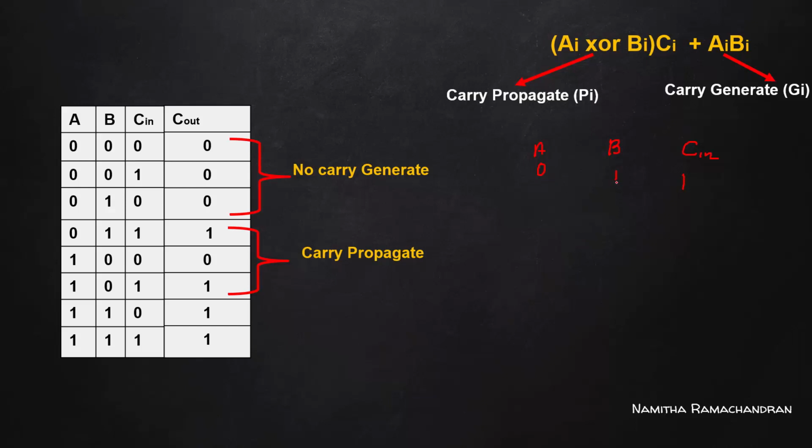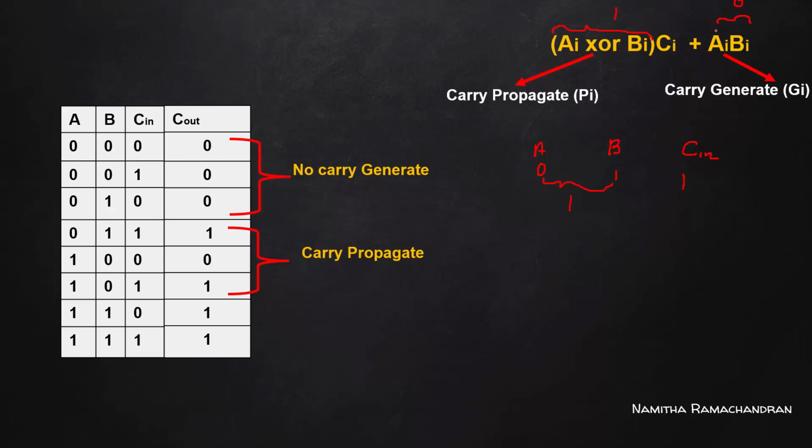Exactly one input is 1. In that case, the XOR gate generates a value 1 and Cin is 1. So 1 and 1 is 1. So this particular part output is 1 for this input combination. And again A equal to 0, B equal to 1, so this generate part is 0. 0 and 1 is 0.